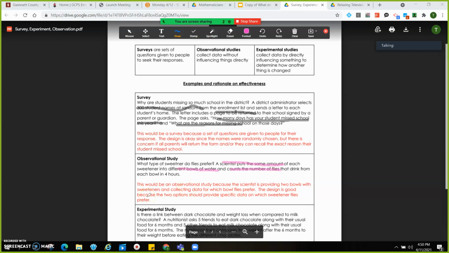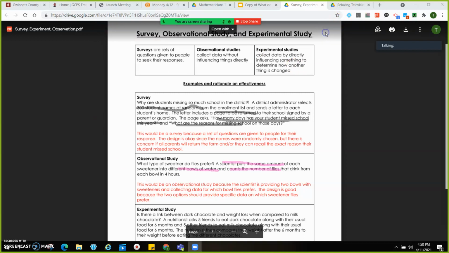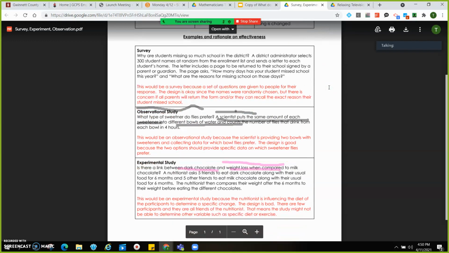This would be an observational study because the scientist is providing 2 bowls with sweeteners and collecting data for which sweetener flies prefer. The design is good because the 2 options should provide specific data on which sweetener flies prefer. Okay. And there will be questions that ask you, is this a good study?